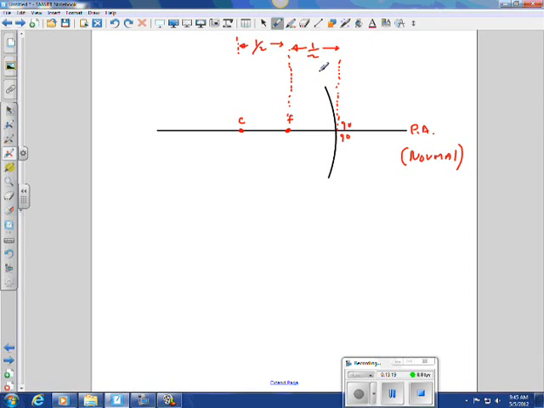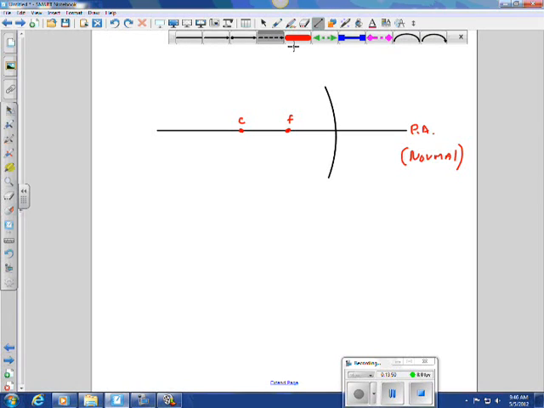Okay, so now we know where our focal point is. And we can erase the 90s because we've already said those are 90s. Great, we know that. How do we find the image, rather, given an object? Let's try doing that. And you're going to see how really easy this is.